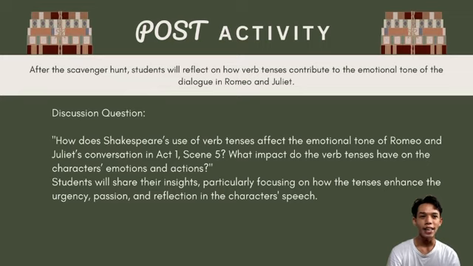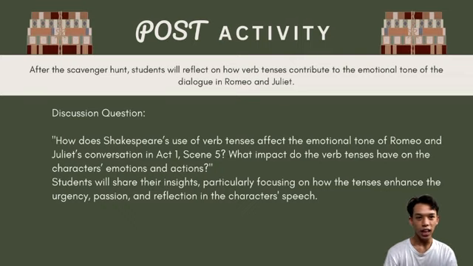In your group, discuss your insights. Think about how the different tenses, present, past, and future, shape the urgency, passion, and reflection in their dialogue. Present tense, how does it create immediacy or connection? Past tense, what feelings of nostalgia or regret does it evoke?